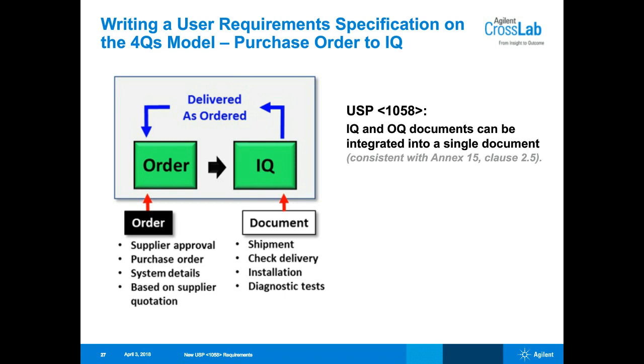And what I think you're going to be seeing over the course of the next few years is the integration of documents such as the installation qualification and the operational qualification that makes it a lot simpler. You can then sign off from a laboratory perspective one document instead of two. And of course, this is also, as I said earlier, consistent with EU GMP Annex 15. So we've got harmonization there.